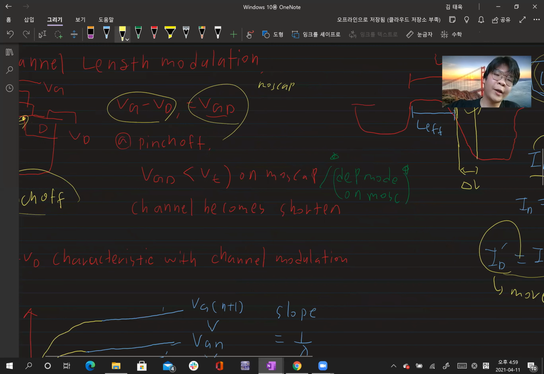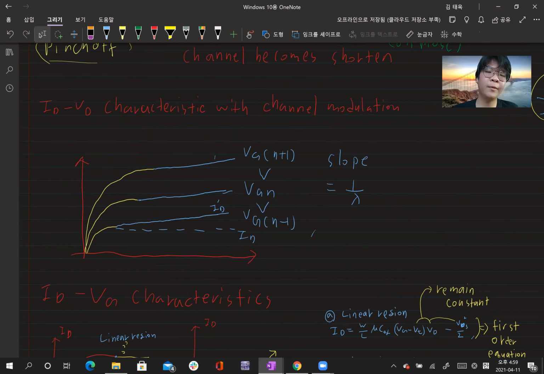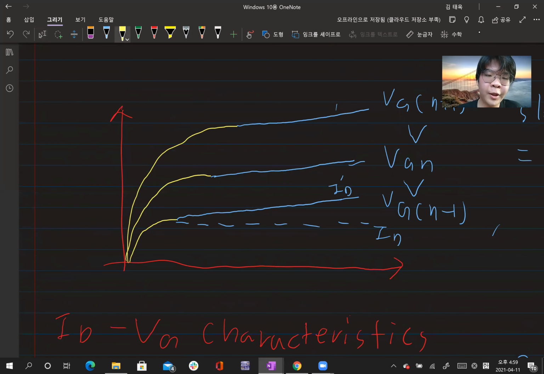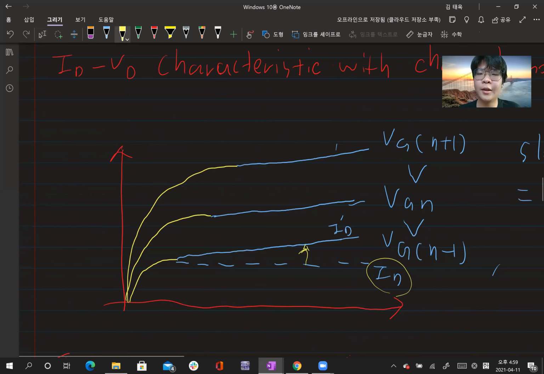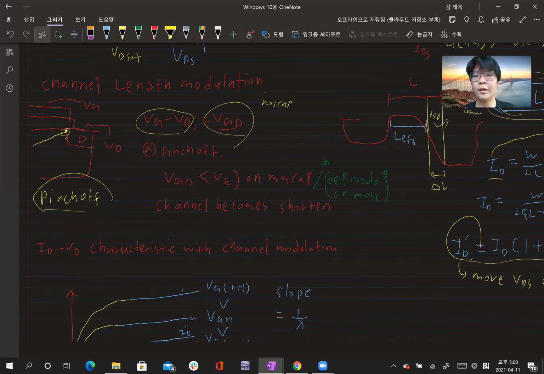So by redrawing this ID-VD curve here, usually and ideally ID should be constant, but because of the short channel effect or channel modulation, it cannot stay constant, because the channel gets shortened.